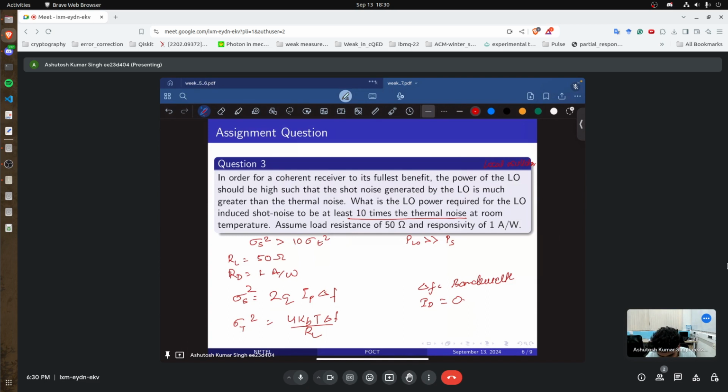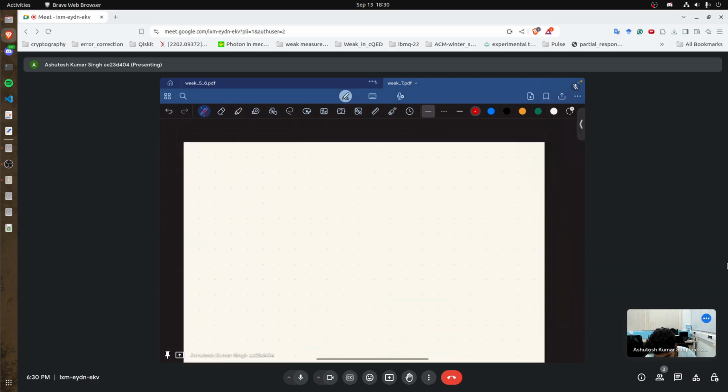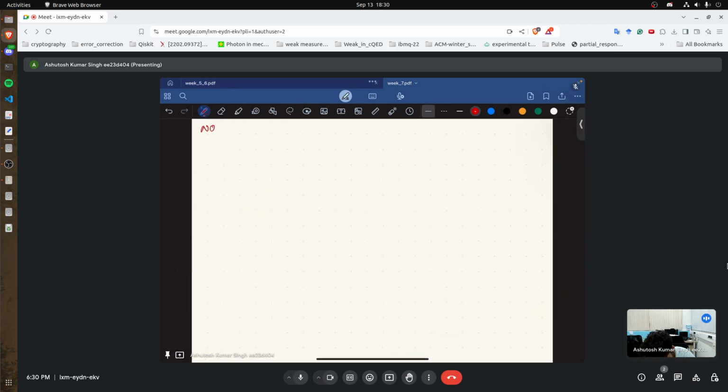So, let us find the shot noise. Our task now is to find 2q IP del f.